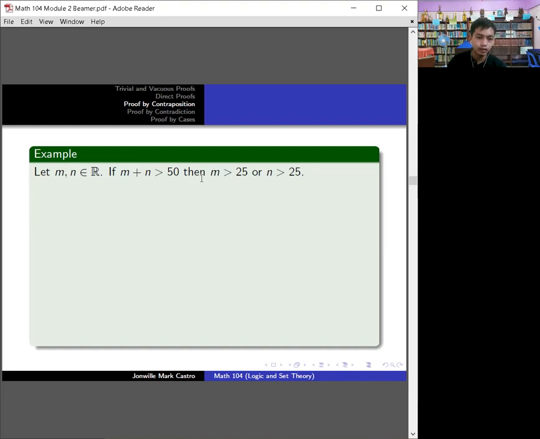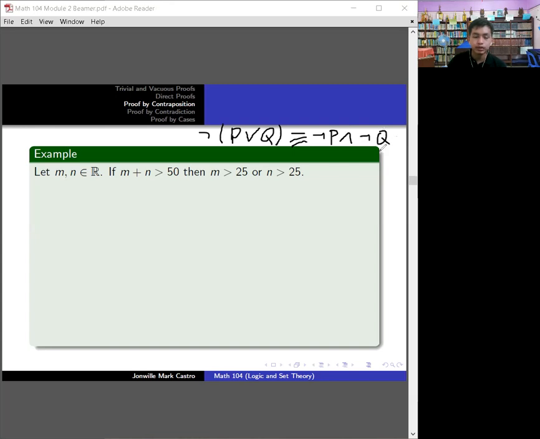So magiging if m is less than 25 and n is less than 25, take note na si not P or Q is logically equivalent to not P and not Q.